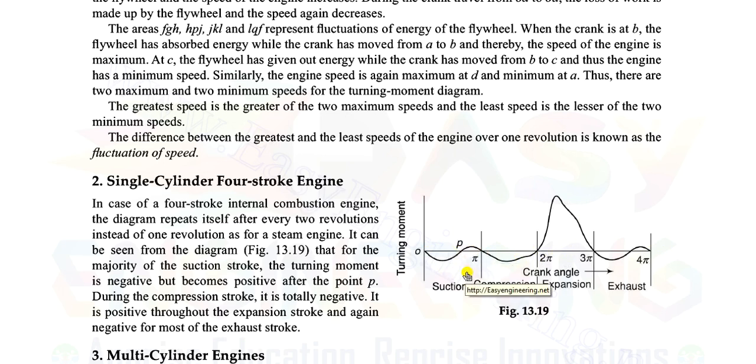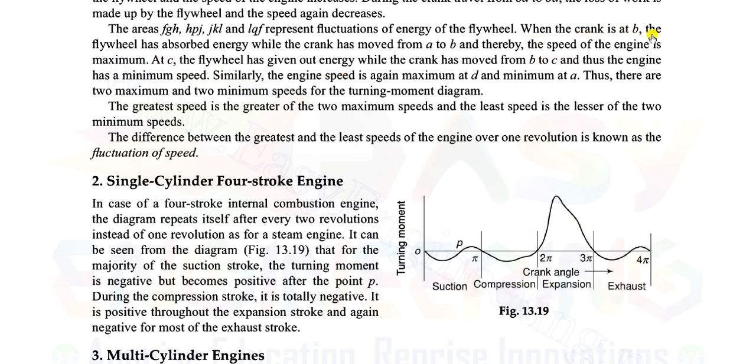Negative power means your engine requires power, so during this your flywheel will deliver power, and during this stroke it will store the energy. So the resultant torque distribution will be almost a straight line. That's why we need a flywheel.